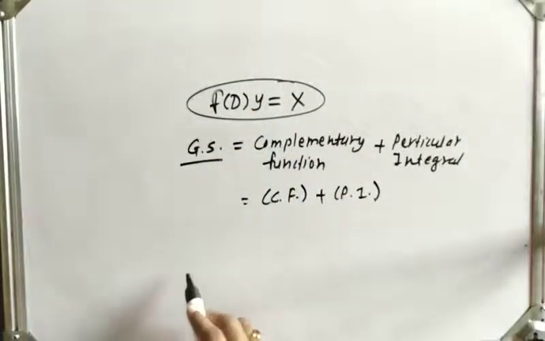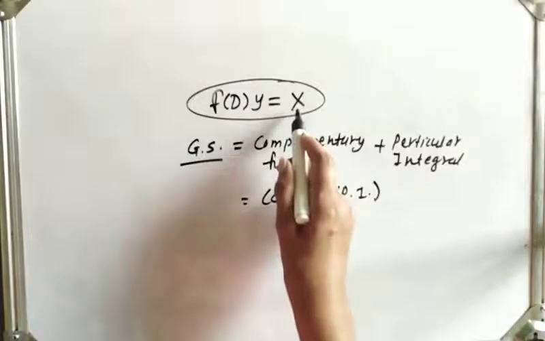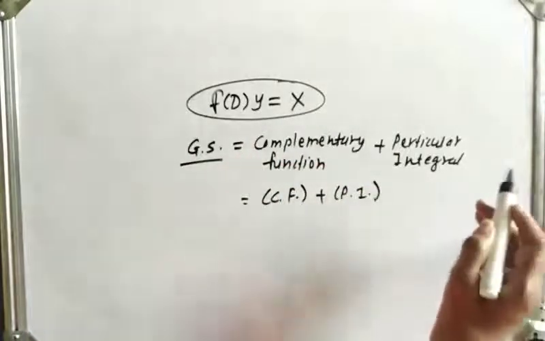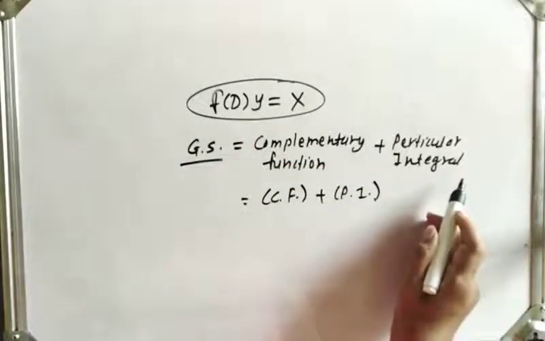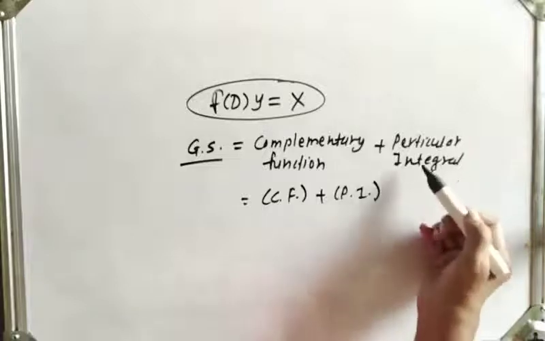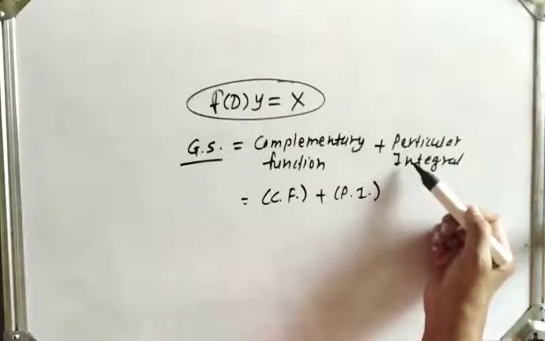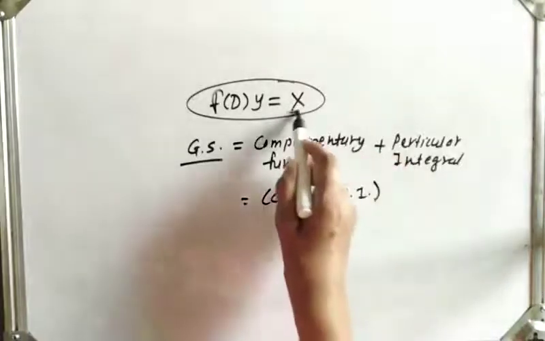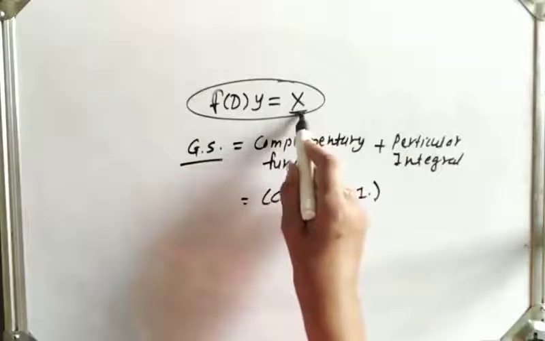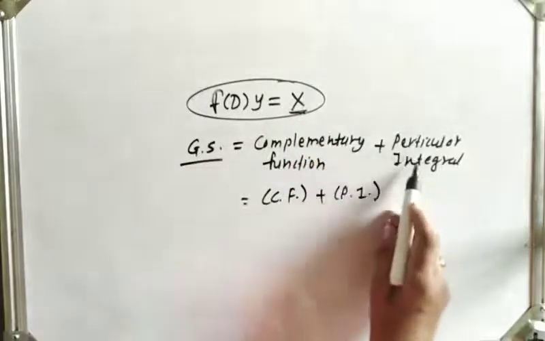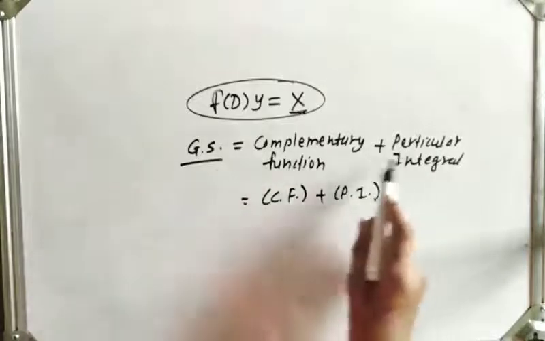Now the particular integral for a non-homogeneous equation is calculated using the right hand side part, and the general solution is the addition of these two.